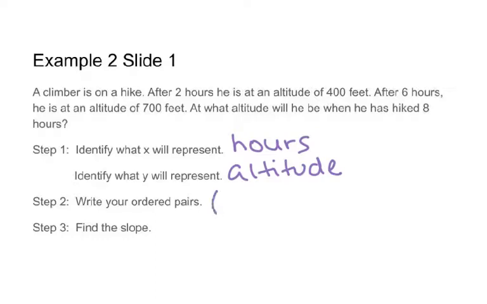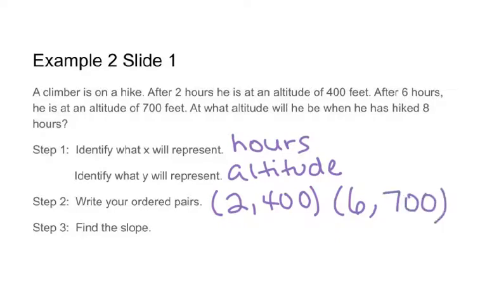So hour is what's changing. So our ordered pairs: 2 hours, there was an altitude of 400. In 6 hours, there's an altitude of 700. First thing we need to do is find the slope. I'm going to subtract my two y values on top.